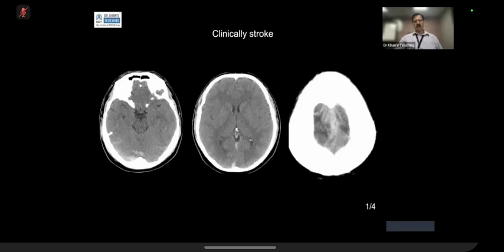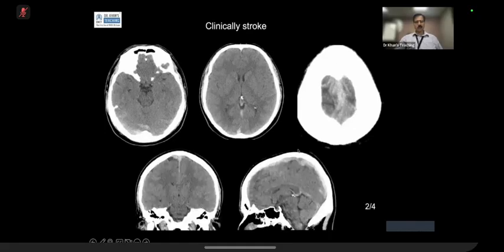Look at this case. This patient presented with clinically stroke, and you can see hemorrhage. Whenever you see hemorrhage, think about a venous infarction. In this case, there was a bit of hemorrhage around the transverse sinus, some high density at the vertex, and on a sagittal here.